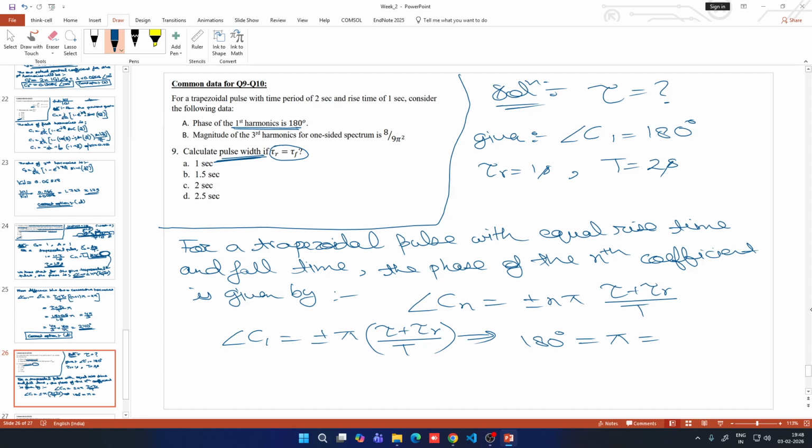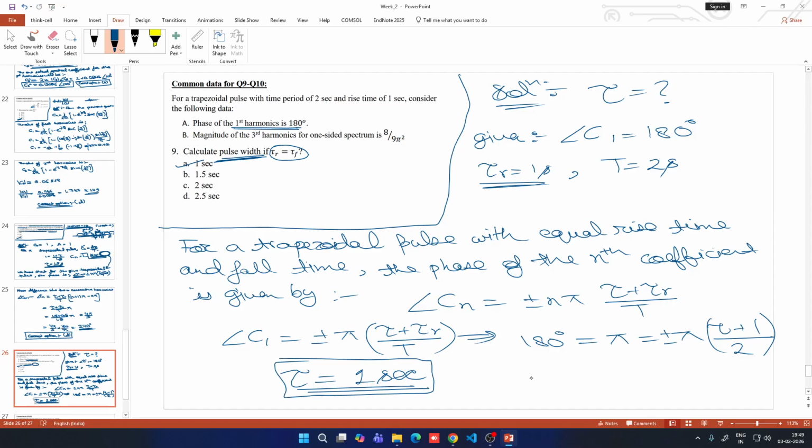So 180 degrees is pi, and the formula is plus minus pi into tau, which we have to find, the pulse width, plus rise time. We know tau r is given as 1 second, and the period of the pulse is 2 seconds. When we solve this, we easily get tau, the pulse width, as 1 second. So if you match with the options, the correct option is option A.